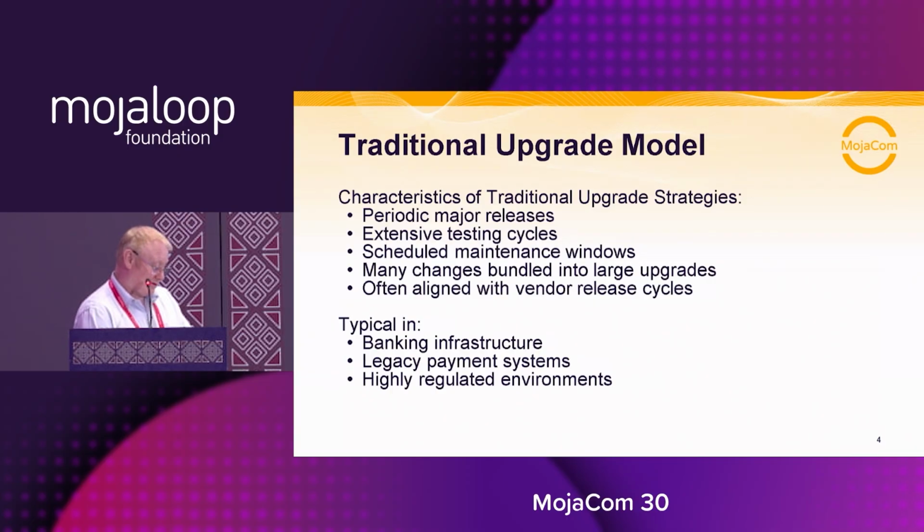If you have a vendor, vendors are often heavily involved in the upgrade cycle of your platform. Quite often they dictate the frequency at which you upgrade your platform. That kind of suits them, but it doesn't really suit you if you need changes in your platform quickly. You want to release new features or fix issues. You don't want to have to wait 6 months for the next release cycle.